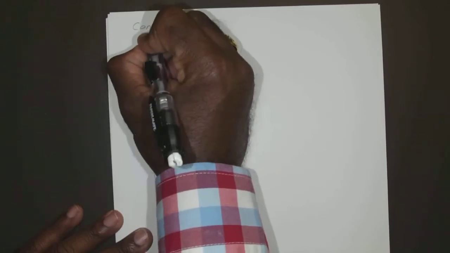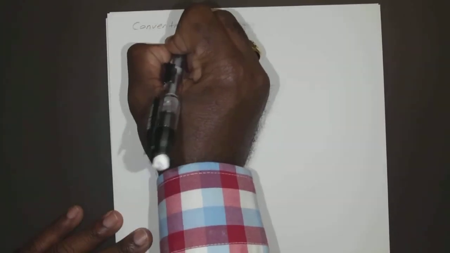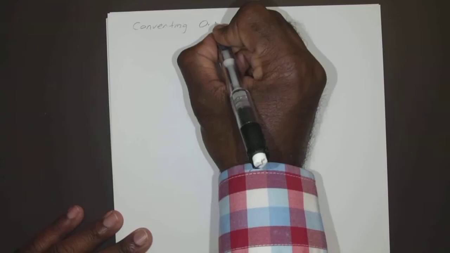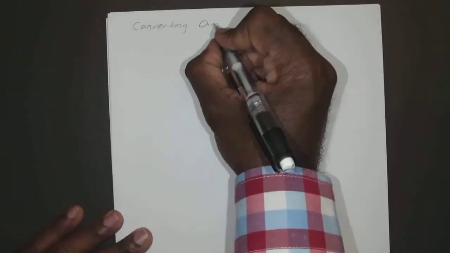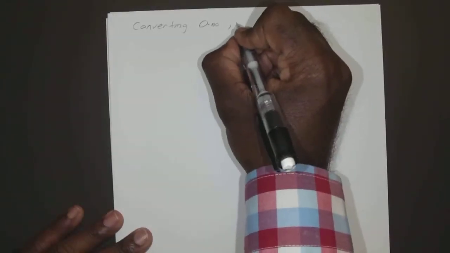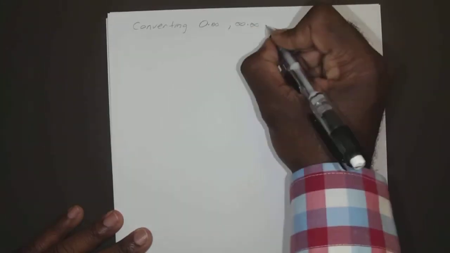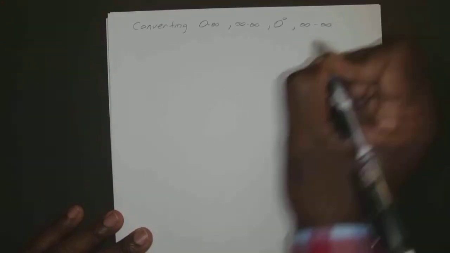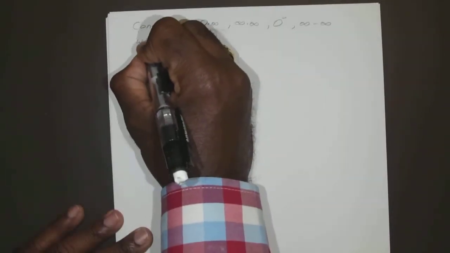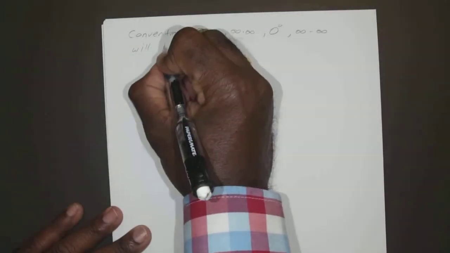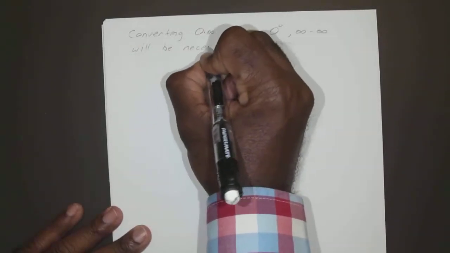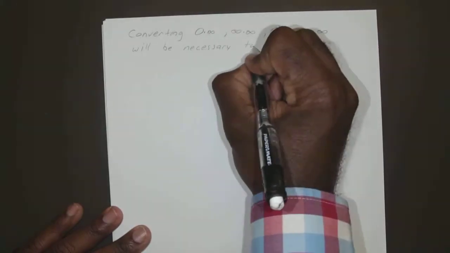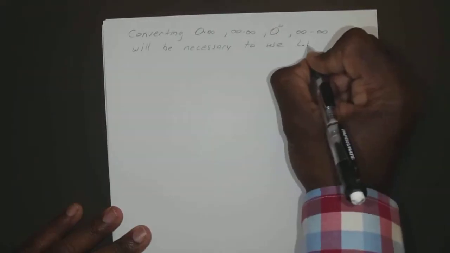Okay. Now, if you have, let's say, 0 times infinity, infinity times infinity, or if you have 0 to the power of 0, or infinity minus infinity, it will be necessary to use L'Hopital's rule.